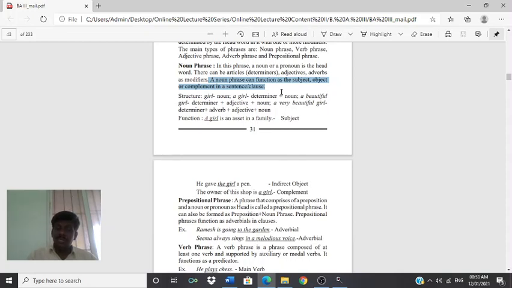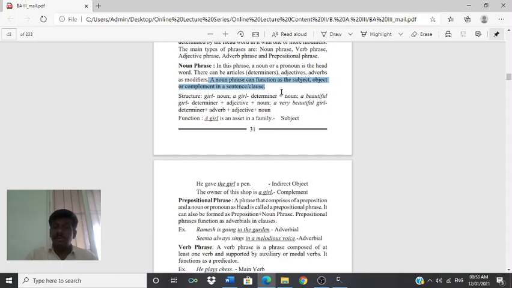So every phrase also functions as something in a clause. It has a specific function in a broad structure like a clause. So a noun phrase, especially as we were discussing, functions as a subject, object, or complement in a sentence or a clause. So this is what we will understand, the structure of the noun phrase.